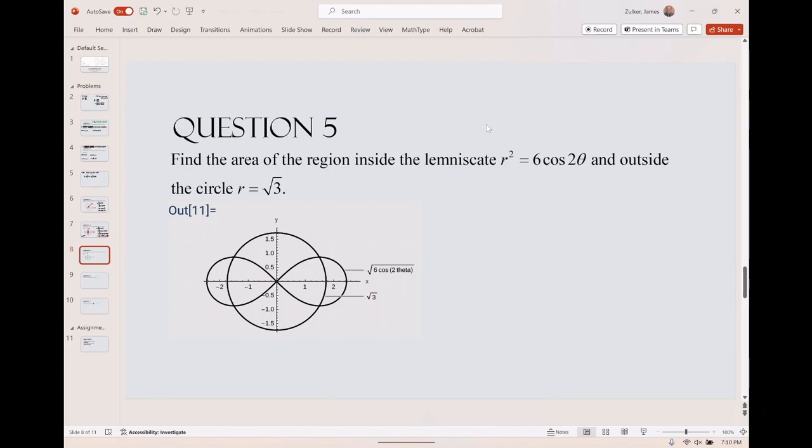So the area we're looking for. That area right there.